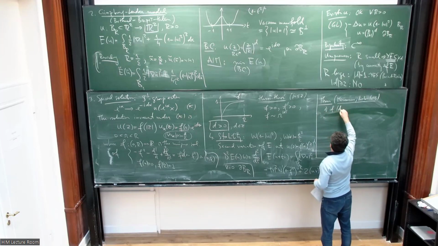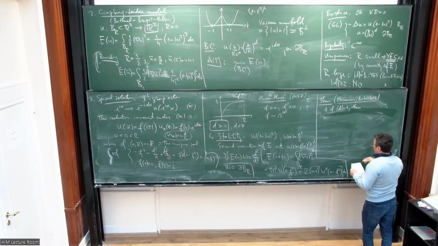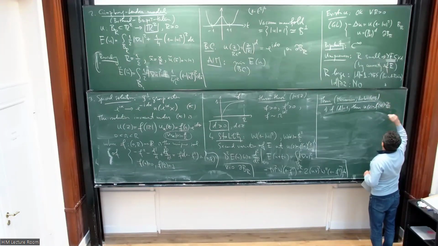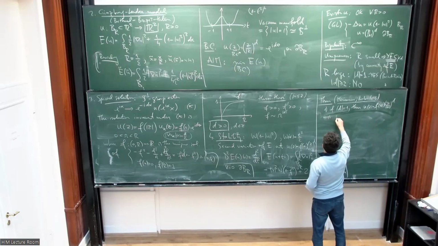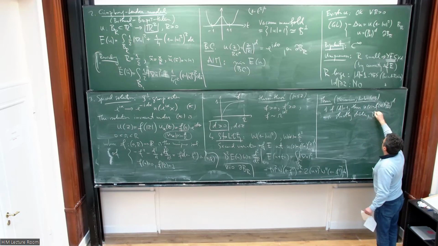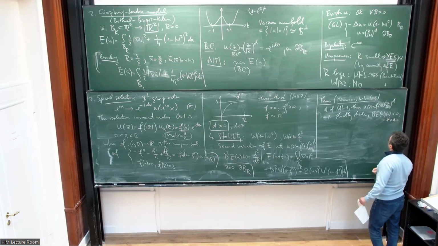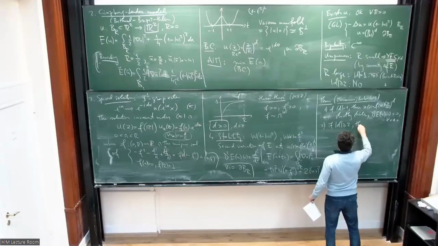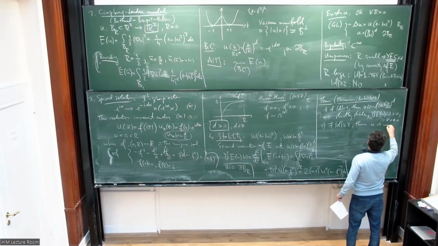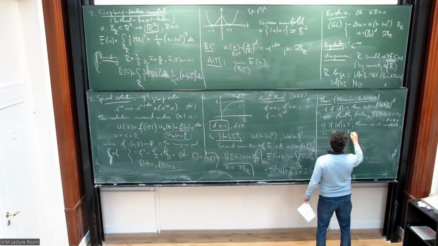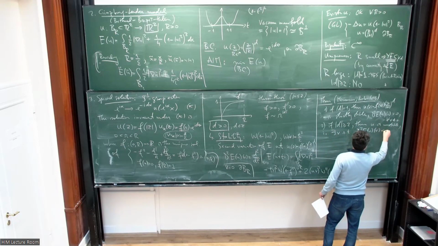First, if d is 1, then our solution is strictly stable, meaning that the second variation is strictly larger than 0 for every nonzero v. And second, if the degree is larger than 2, then this solution is unstable, meaning that there exists a v such that if you shoot in that direction, you are negative.